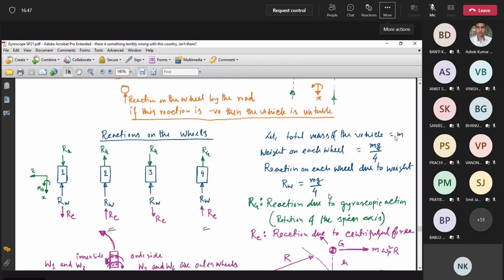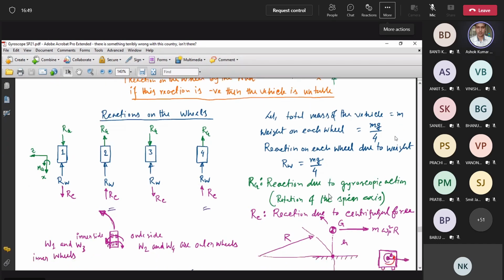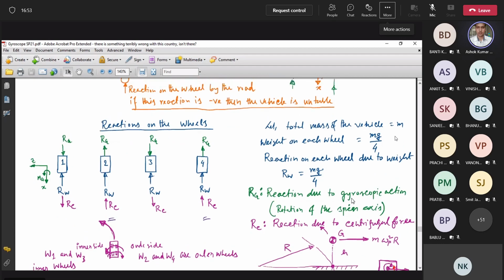Yes, sir. Now let us take another component of reaction. That reaction is due to gyroscopic action. Why should there be a gyroscopic action? Because all the wheels have their rotational axis along this z axis, and they are taking a turn, which is this left turn.